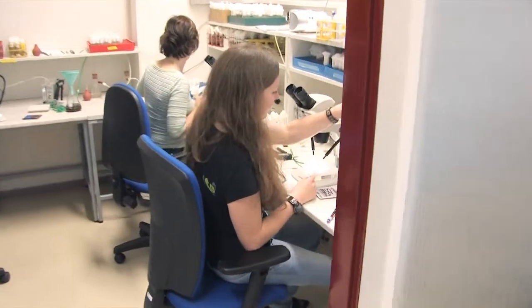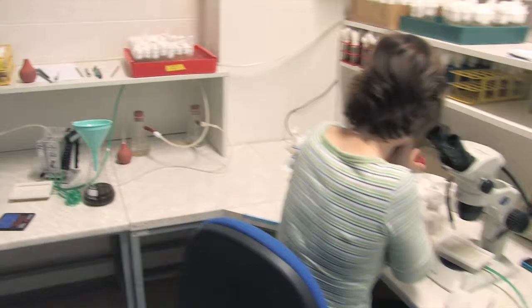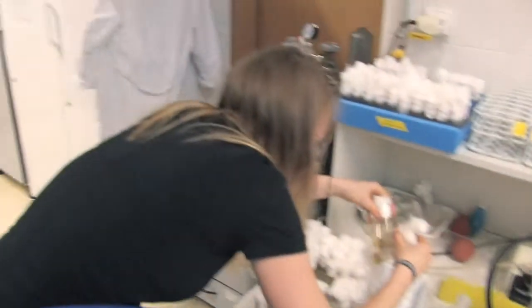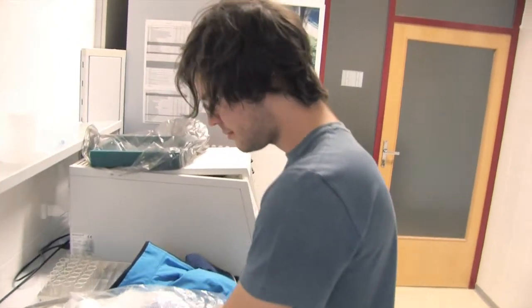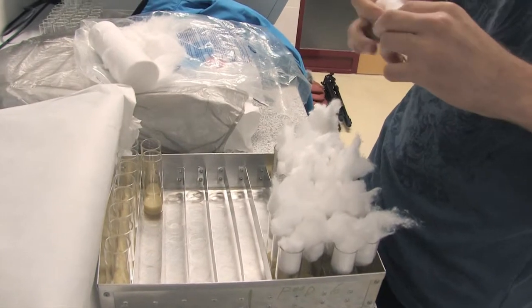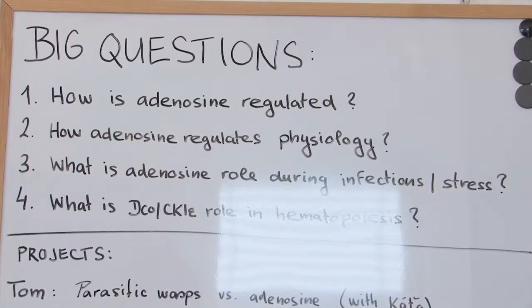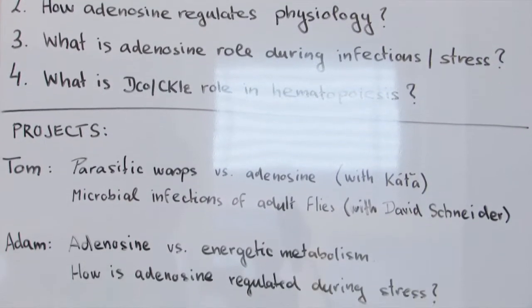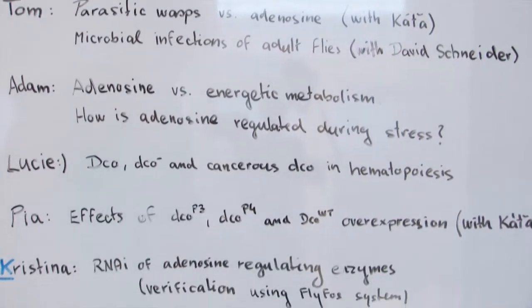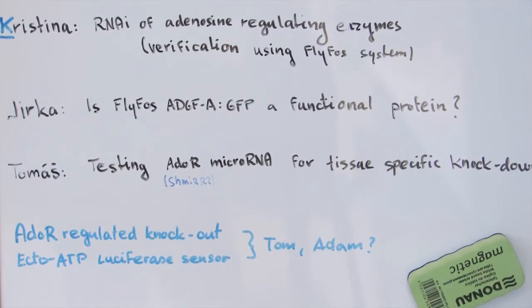The last project, which keeps us quite busy in the lab, is related to my work from the PhD program, which studied a very interesting small molecule called adenosine. I created a mutant with elevated levels of adenosine in Drosophila, and this mutant recently showed us that it could be related to energetic metabolism.